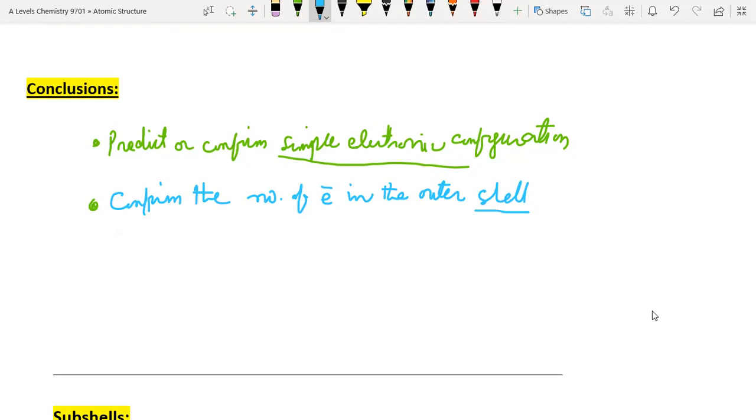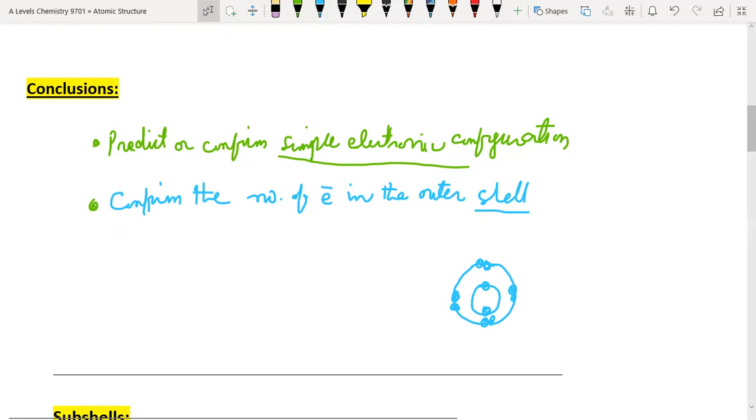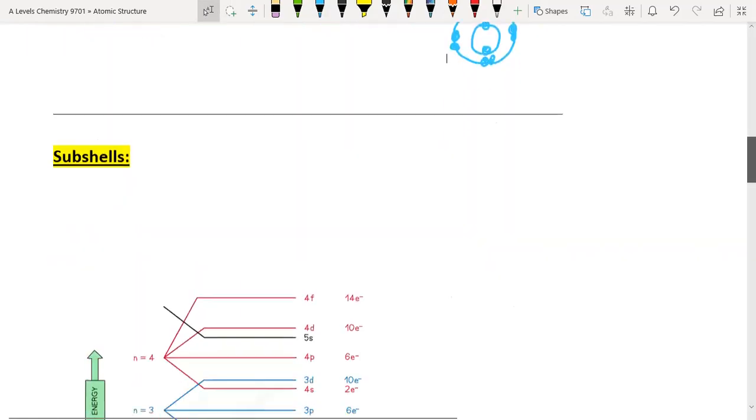As you have seen the arrangement of electrons in the shells like this, electronic configuration can be stated in the subshells. What are subshells?